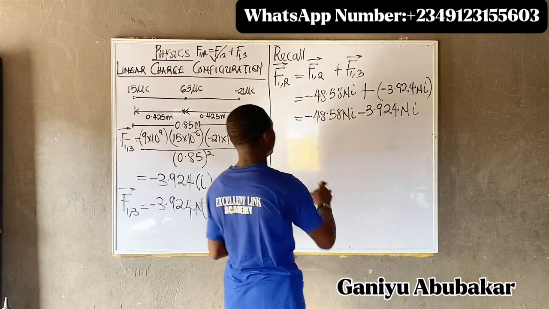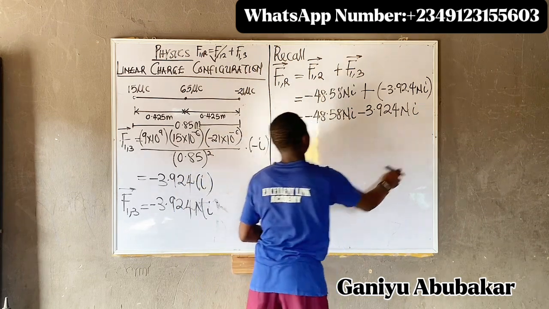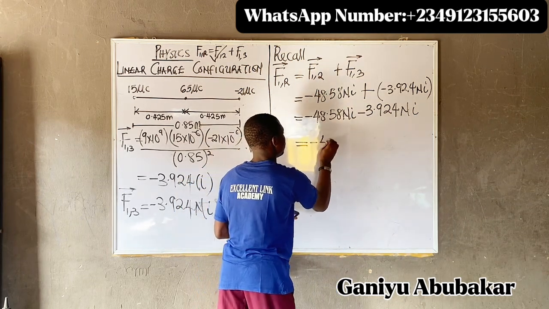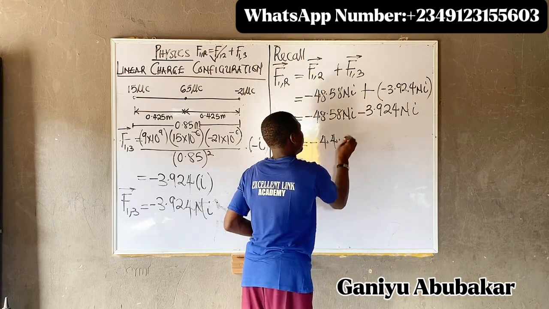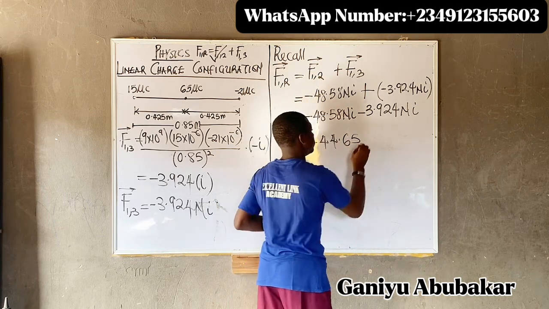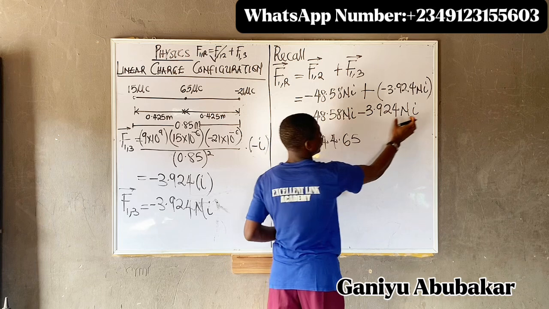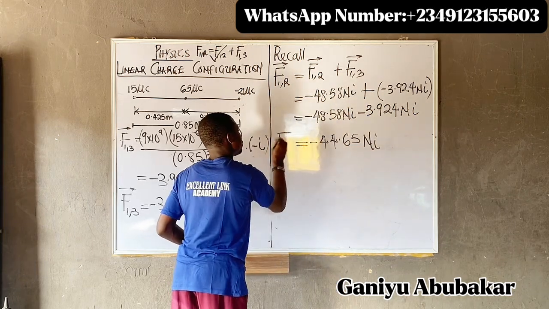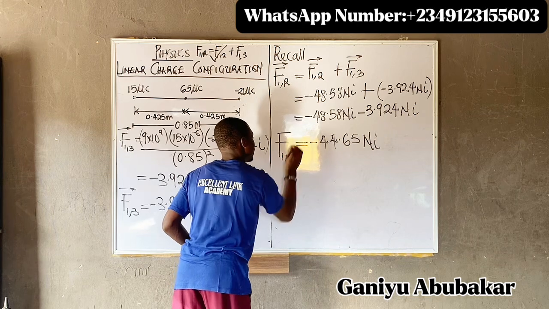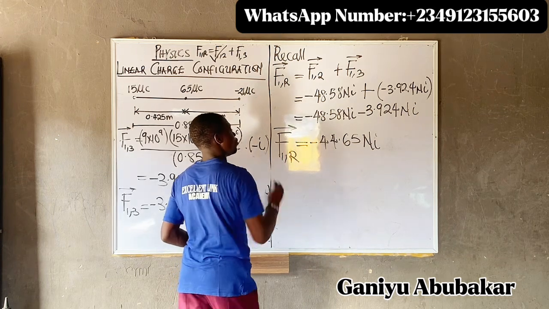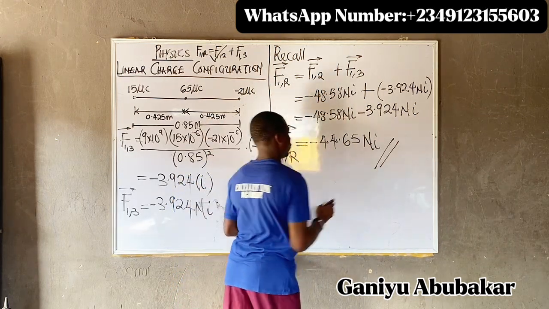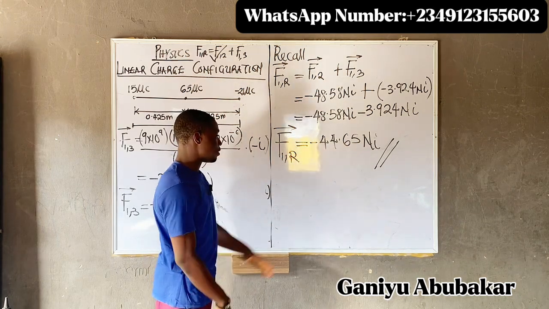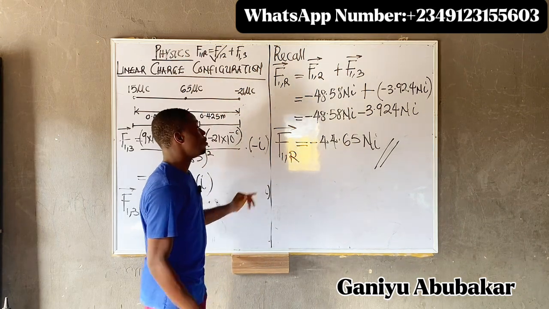If I'm to solve this on the calculator, I'll have the value to be equal to negative 44.65 Newton high. Of course, Newton high is common. So the value for F1 resultant is equal to negative 44.65 Newton high. So that's the value for F1 resultant.